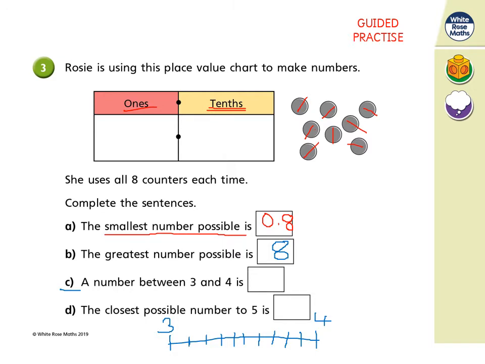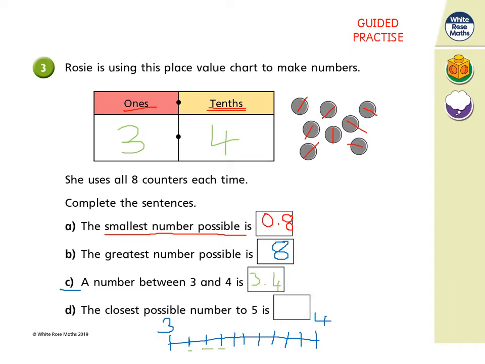Yes, I could actually say that I'm going to have 3 ones here, and it could be 3.1, could be 3.2, 3.3. Let's do 3.4, and that number would be between 3 and 4.